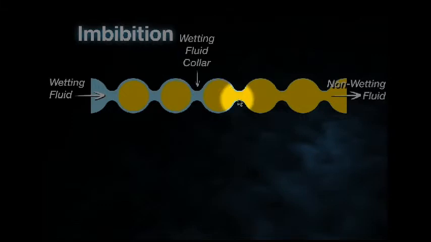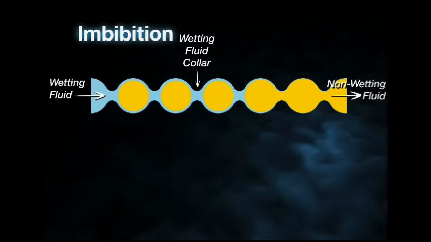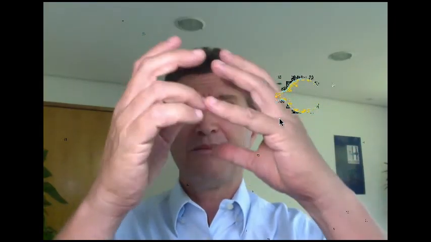Same thing here, the radius is getting smaller until it snaps off. This is how we have the formation of residual phase. Of course, this is our simplest structure. We have just a single capillary tubing showing us what's going on.